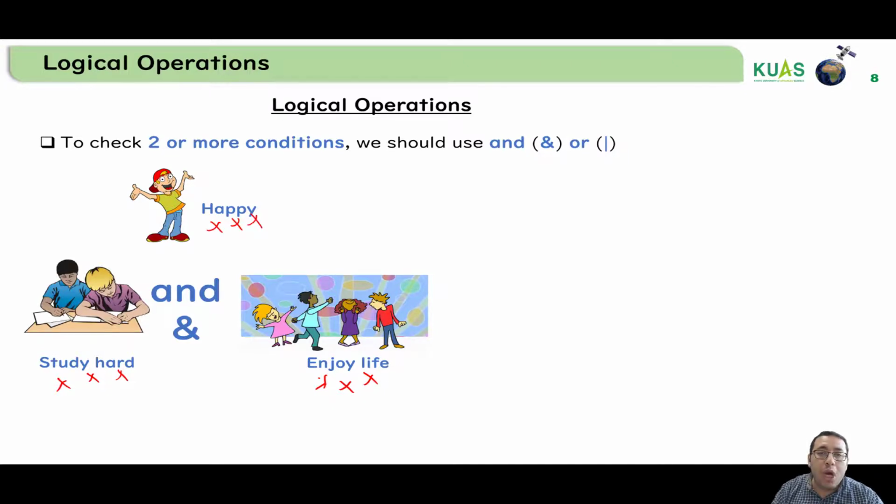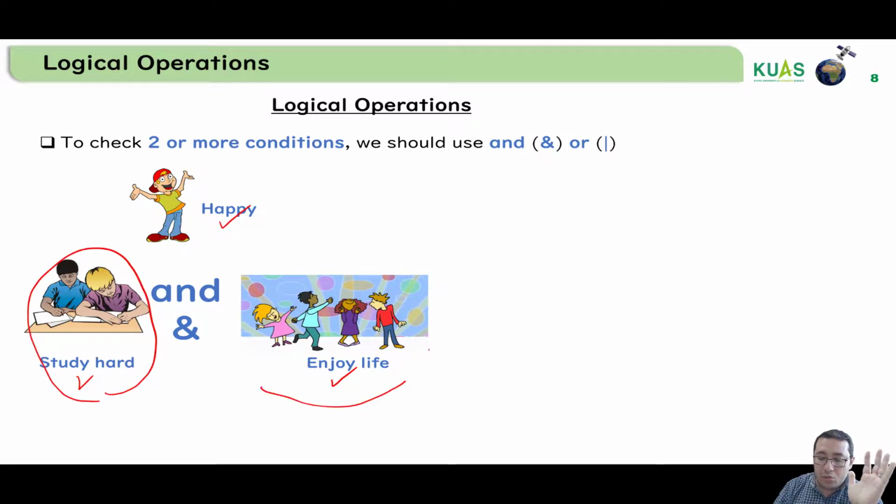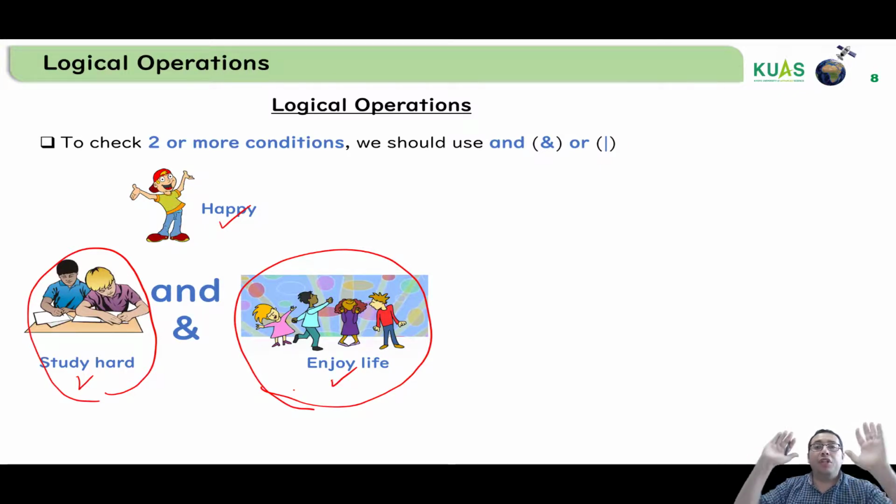So to understand the AND, the only case in which I will be happy will be achieved if I study hard and enjoy my life, both together. So in the AND condition, if this is one condition and this is one condition, both conditions should be true to have the true output.